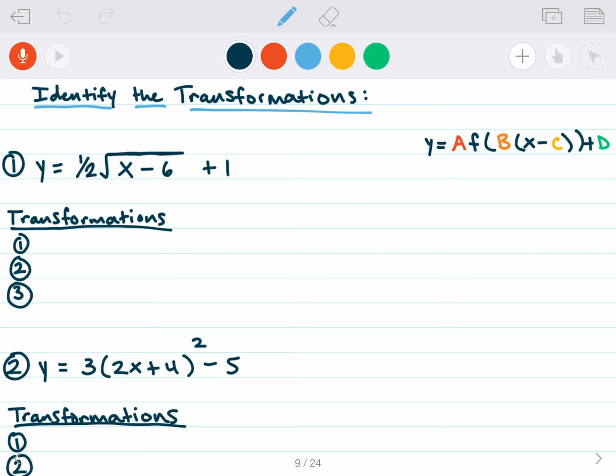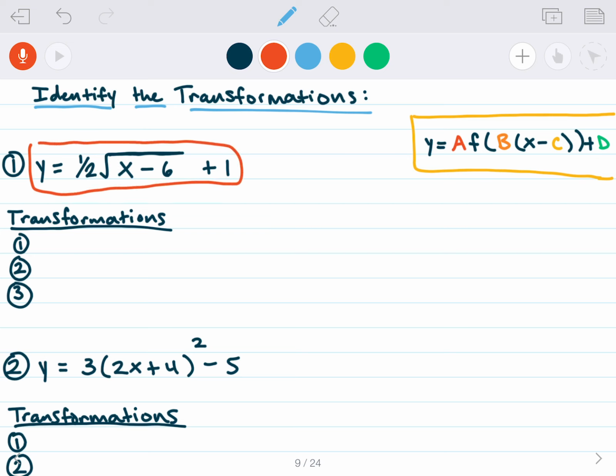All right, so let's do some examples here. So notice that to the right, I have our basic formula here, or a basic equation. Okay, so let's take a look at our first function. We have y equals a half times the square root of x minus 6 plus 1.